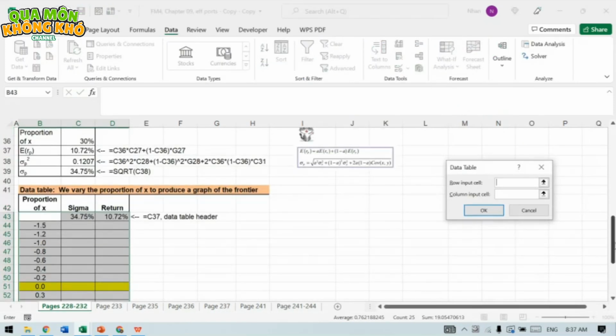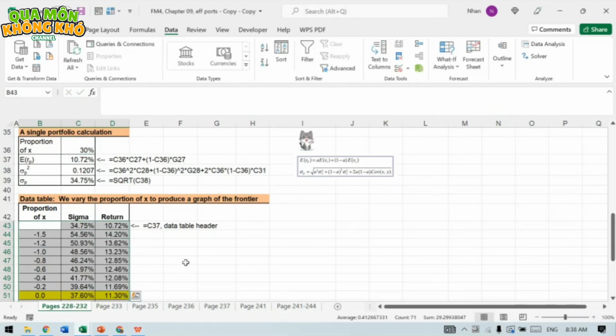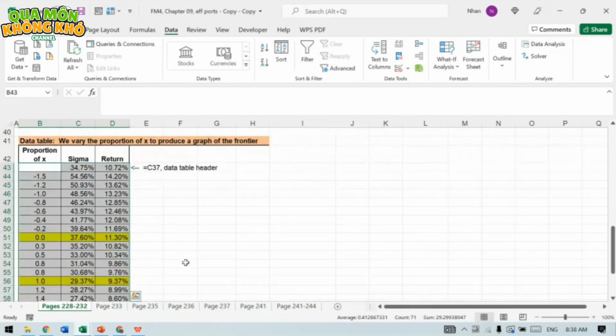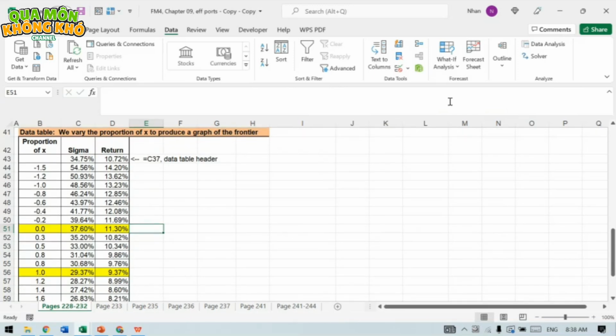And the input cell here is the proportion of X. So I have the sigma and return of the portfolio P with the various proportions of X. So now I will graph it.